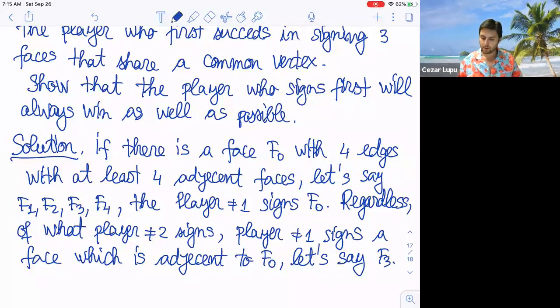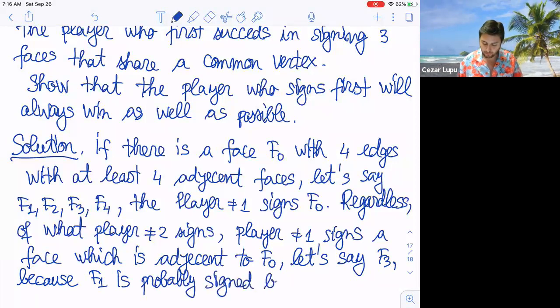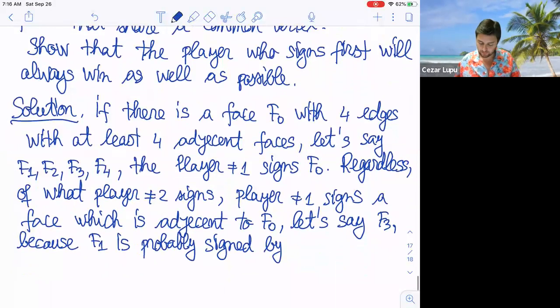Because let's say face F1 is probably signed by player 2. That's actually a very nice game.